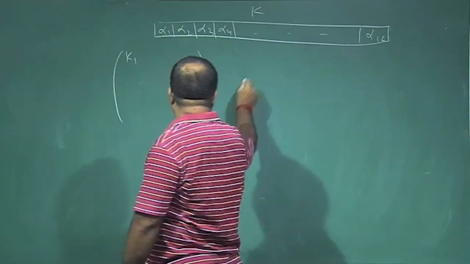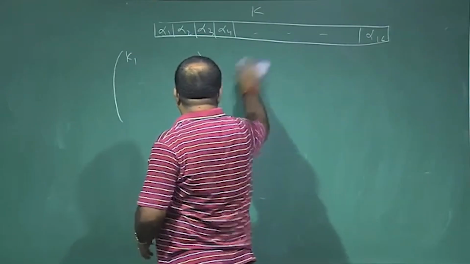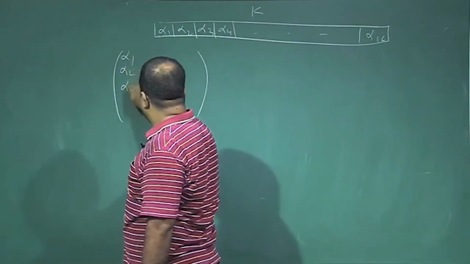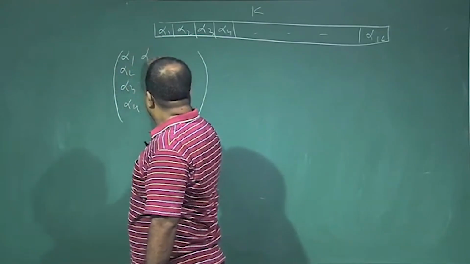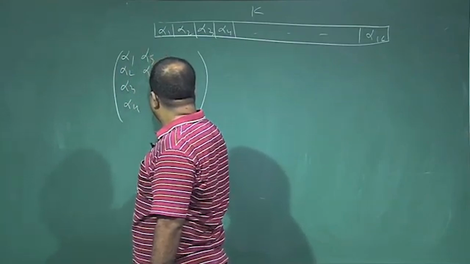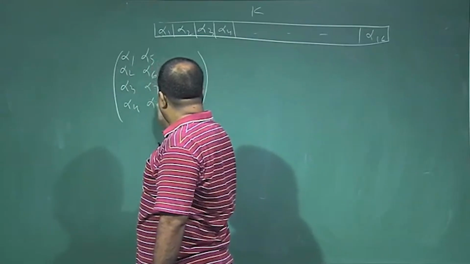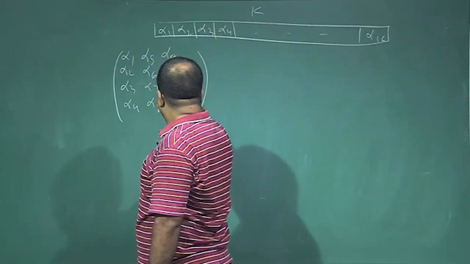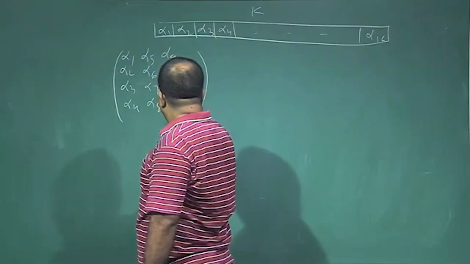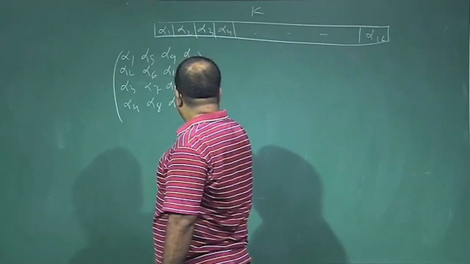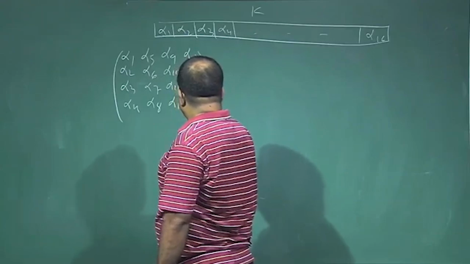So, we store this state wise like this: alpha 1, alpha 2, alpha 3, alpha 4, alpha 5, alpha 6, alpha 7, alpha 8, alpha 9, alpha 10, alpha 11, alpha 12, alpha 13, alpha 14, alpha 15, alpha 16.